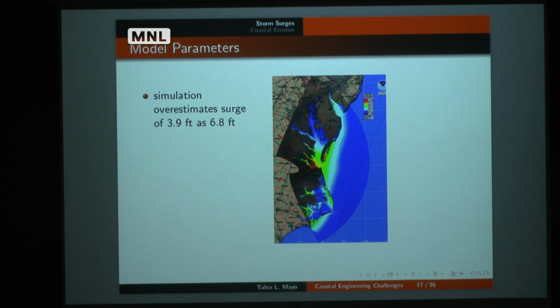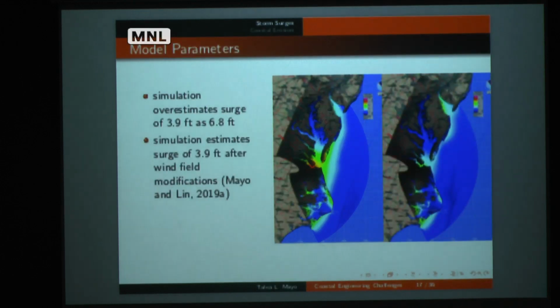But for this simulation of Hurricane Irene, SLOSH originally overestimated the storm surge as 6.8 feet. The true surge at Norfolk, which I'm showing here, was 3.9 feet. In general, the SLOSH model tends to underestimate, so what we were trying to do is see if we could fix this wind field to correct for that.